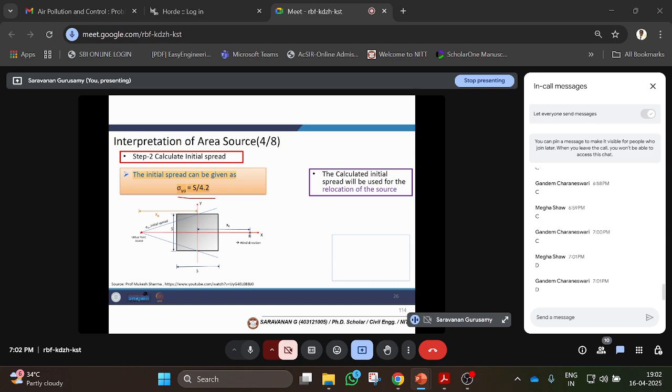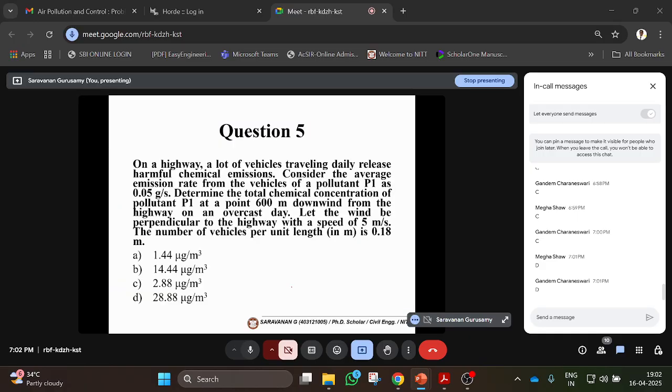So from the center of the emission, I can't take x; I have to get an imaginary point. From that, x naught is there. The total x will be considered, right? X naught plus xr will be considered as x for my area source. So that calculation we have also discussed. So yes, sigma y, the initial spread, we can find by S by 4.2. That is a standard value.